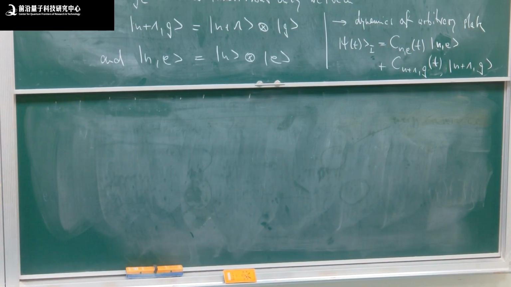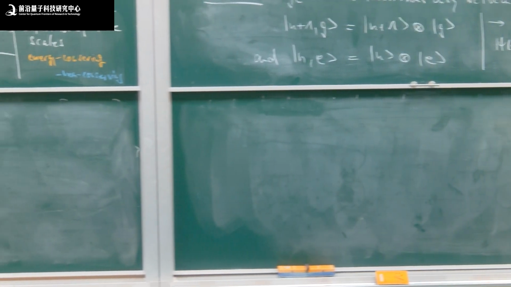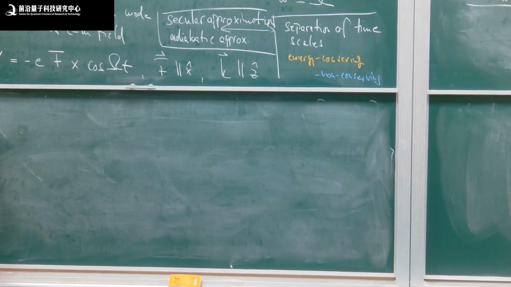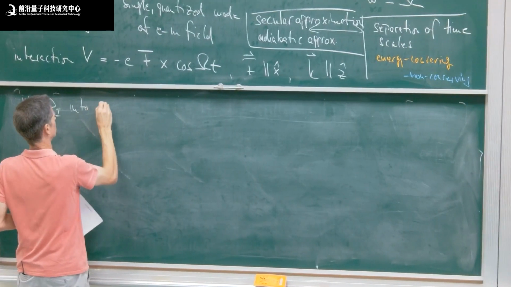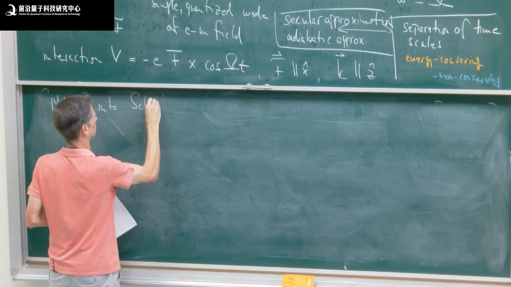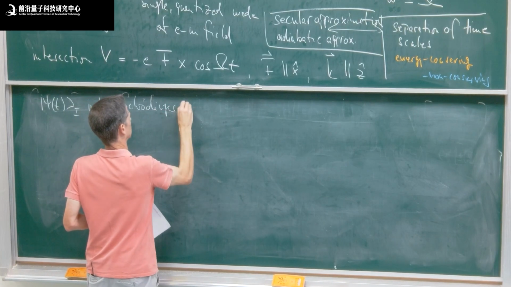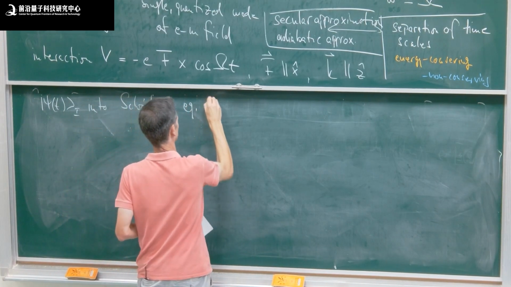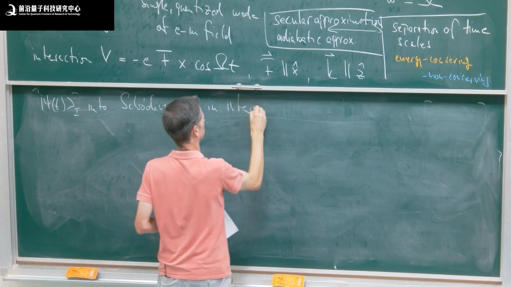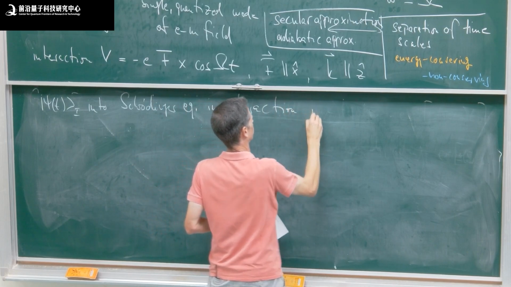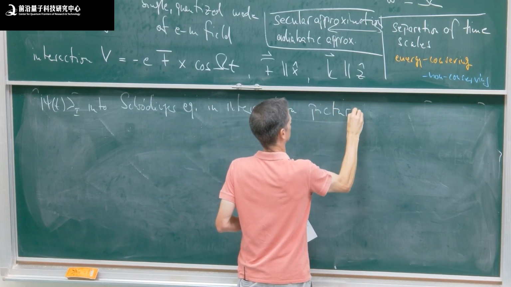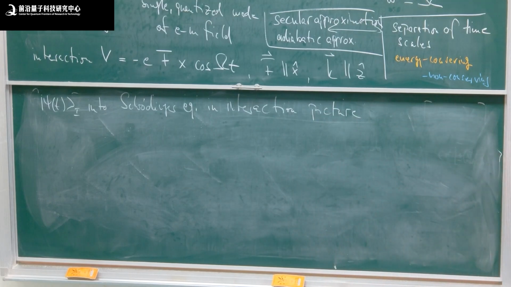Right, and so this ansatz for psi of t, inserted into the Schrödinger equation in the interaction picture, gives, of course, I get i h bar times the time derivative of this.